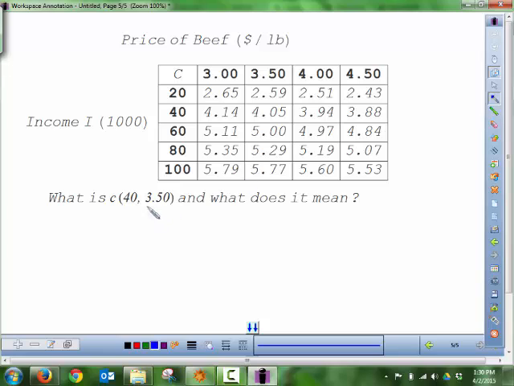This is the cost, that you would try to sell your beef, cost per pound, I guess, of how you're going to try to sell your beef based on your income and the price that you bought the beef for.